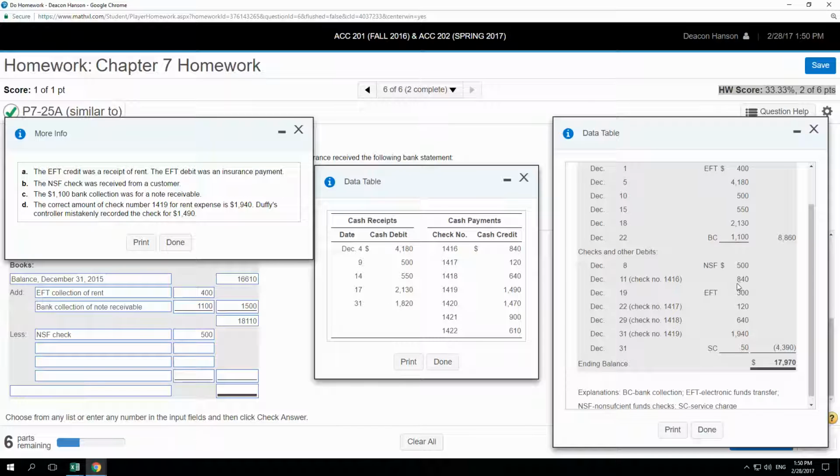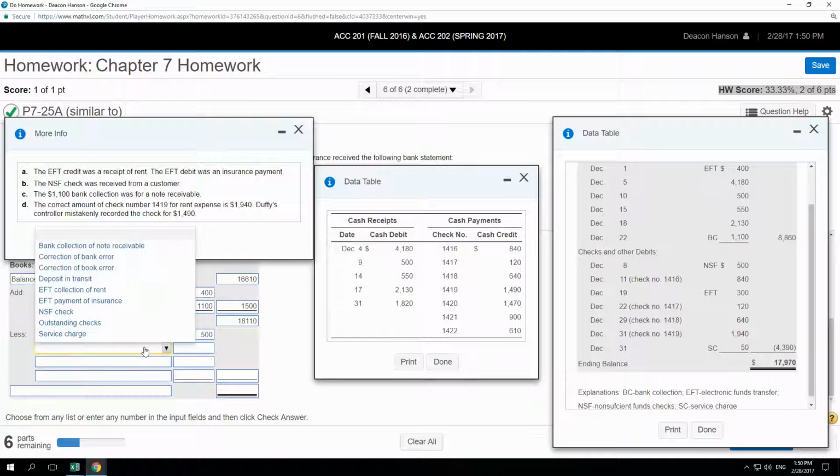Next thing, 840, check number 1416. We already took care of that. Okay, we got an EFT. There's no EFT showing on my books. $300 EFT. Let's see, does it say what it was? The EFT credit was for a receipt of rent, and the EFT debit was for insurance payment.